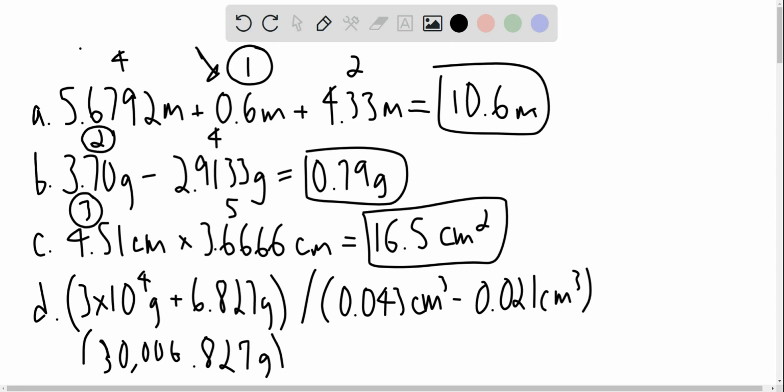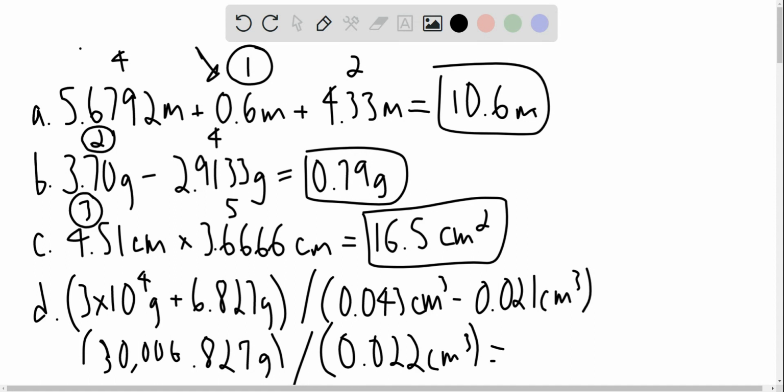Because this is addition. And this is going to be all divided by 0.043 minus 0.021. Now these have the same number of decimal points, so we can just straight up subtract them. We don't have to worry about sig figs. 0.043 minus 0.021, you should get 0.022 centimeters cubed, and of course the units still stay the same.